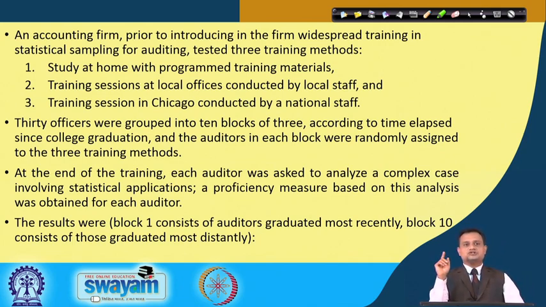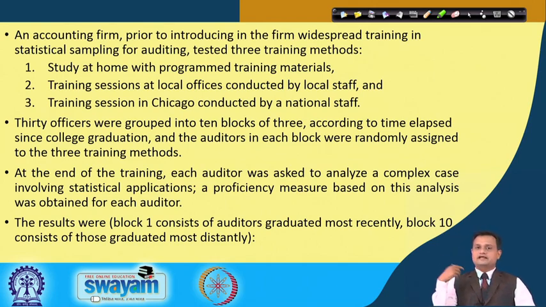Number one, study at home with program training material. You are given the training material, study at home. Number two, training sessions at local offices conducted by the staff, one-to-one training. Number three, training session in Chicago conducted by national staff. So these are the three different methods of training they want to evaluate.